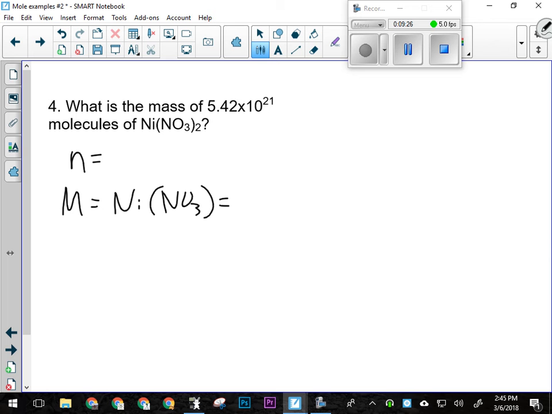So nickel is 58.69. There's only one of it. How many nitrogens are there? 2. There's only 2 nitrogens. So that'll be 28.02. And there are 6 oxygens, so 16 times 6.